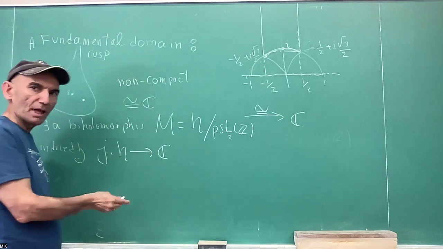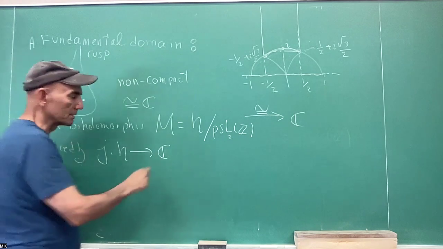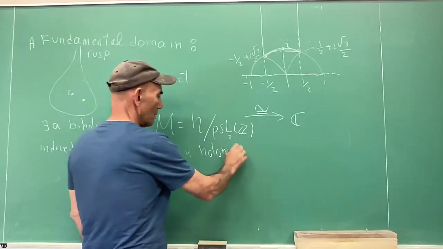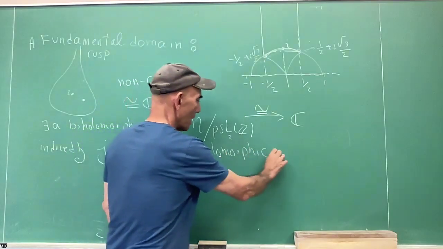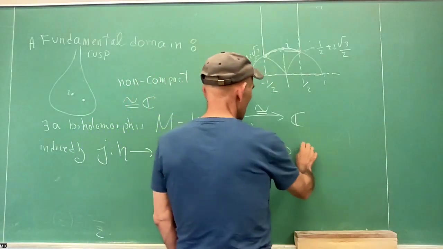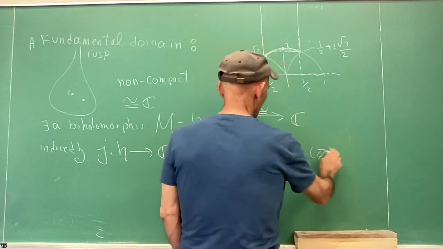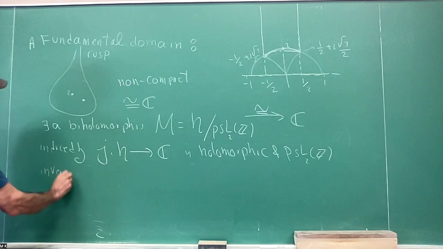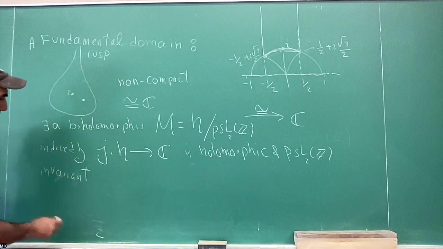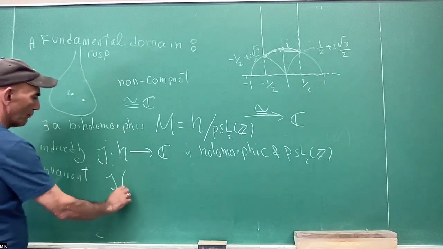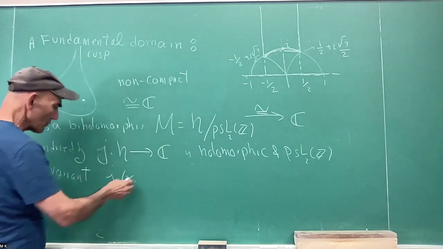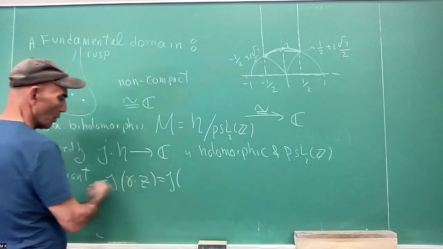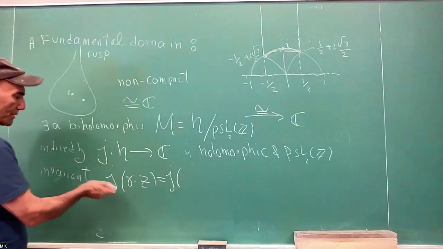It is holomorphic and PSL2(Z) invariant, in the sense that J of gamma z is equal to J of z. There is no automorphic factor or quasi-periodicity.